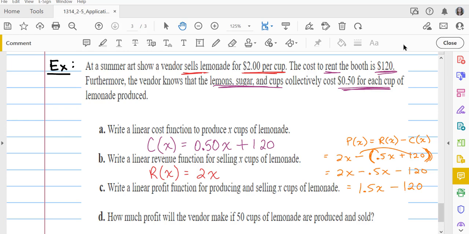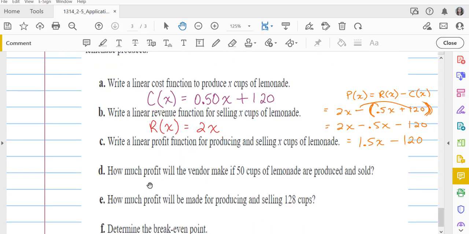That's your profit function. How much profit will the vendor make if 50 cups of lemonade are produced and sold?